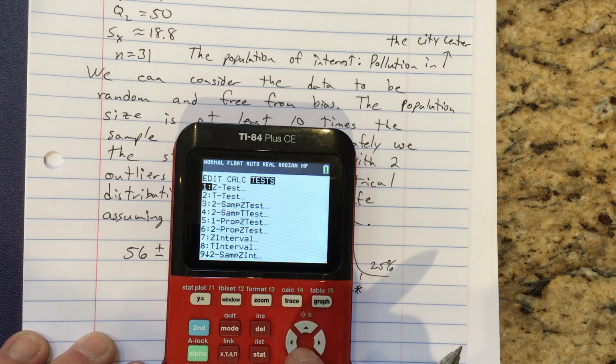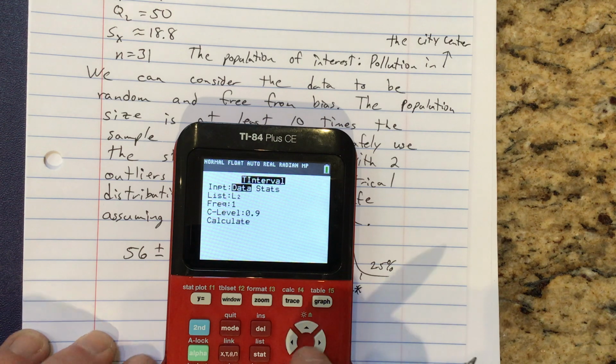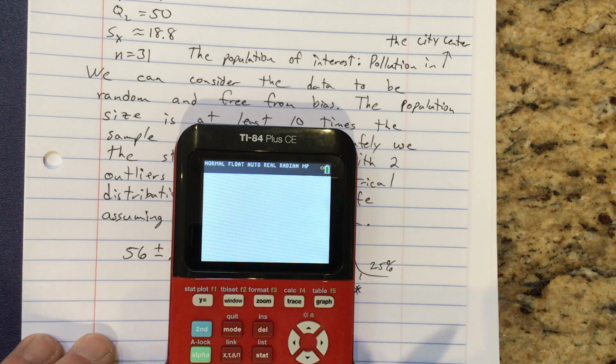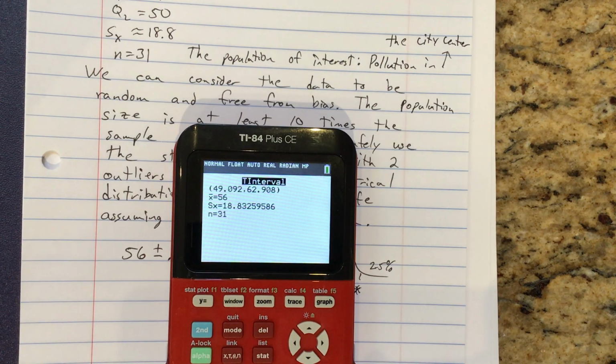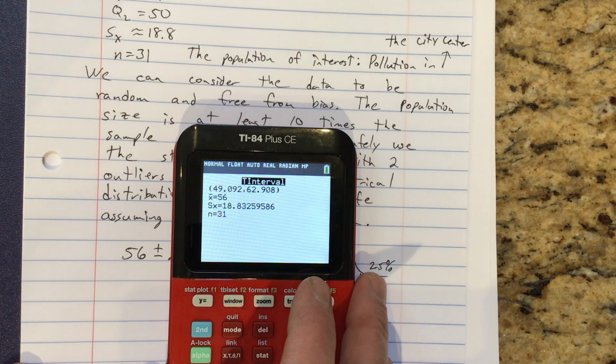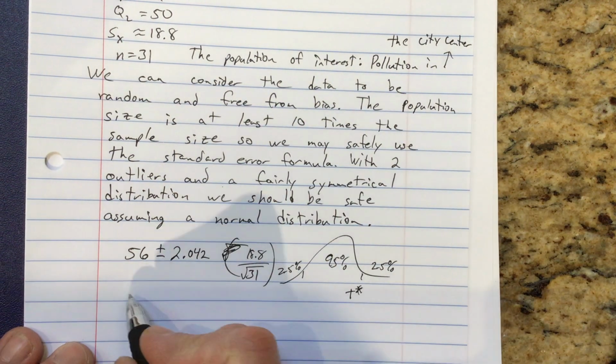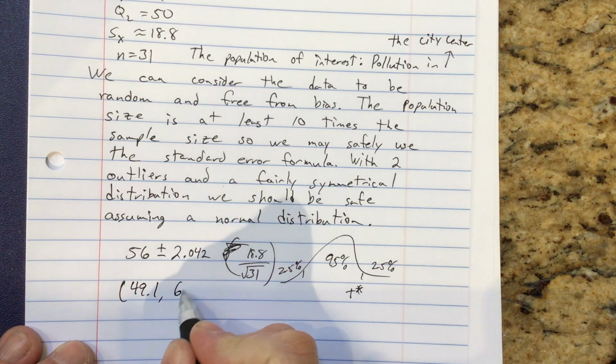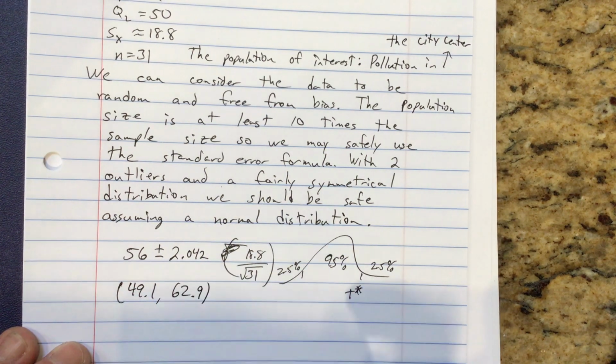So this is a T interval. We have data, it's in list 1, and let's do a 95% confidence. And there we go. So about 49.1 to 62.9.